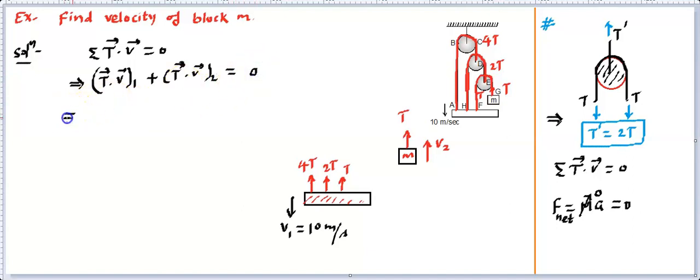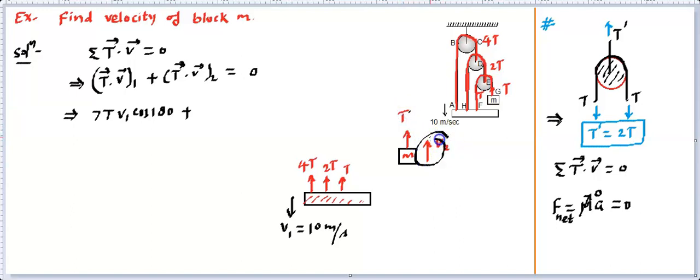Now T is the total tension on that block. In one block the total tension is in the upward direction, so total tension becomes 4 plus 2, 6 plus T, that is 7T. So it's 7 into T, and it is in the upward direction, so there's a 180 degree angle. So that's going to be V1 into cos 180 degree. Can you think of it? And then go for the second one.